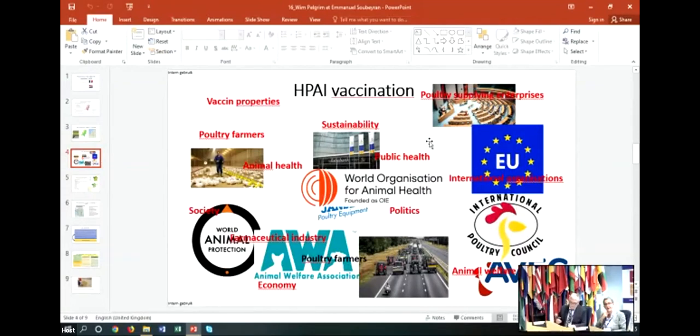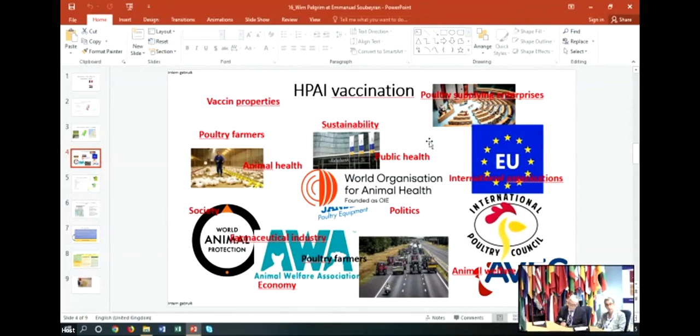Well, this picture shows the aspects a minister has to deal with while deciding on vaccination, whether or not to vaccinate. It isn't exhaustive. For example, consumer organizations are not in the picture, or nature organizations, which are also important organizations to consider while discussing whether or not to vaccinate.